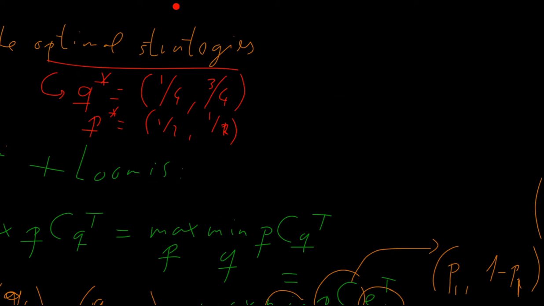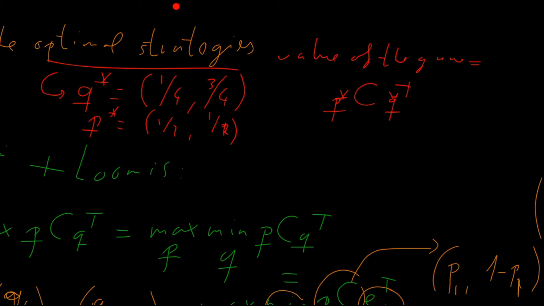And should any of the players deviate from these strategies which we just computed, it cannot help the given player. In most cases it will just get things worse. And the value of the game is just P times C times Q transpose for these particular entries.